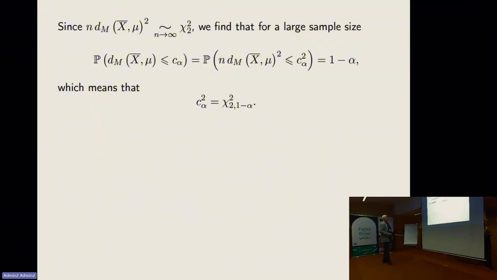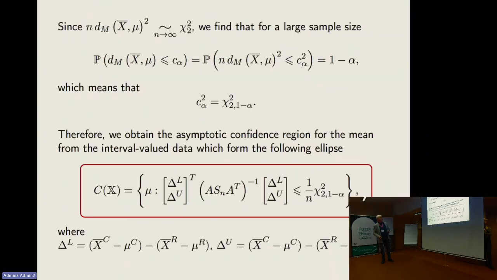Anyway, because of this relationship, I can compute what I really need and obtain that this C alpha squared is a quantile from the chi-square distribution. So finally, this is the shape of my confidence region.